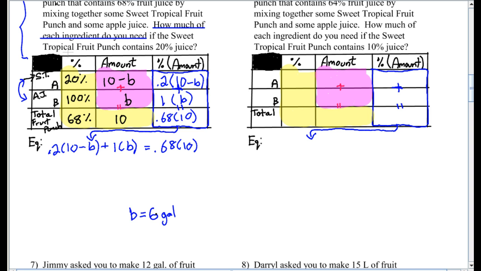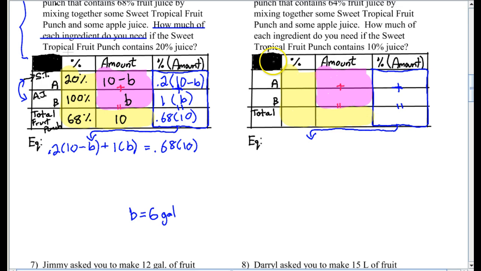The last thing we did on the example problem on Wednesday is, at the very bottom, we said we need this much percent of the pure leaves, and we need 10 grams of this 20% mixture. It said how much of each do you need.